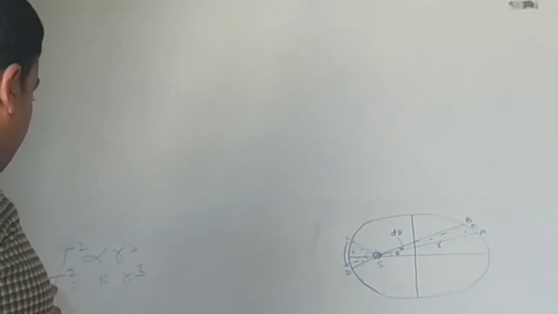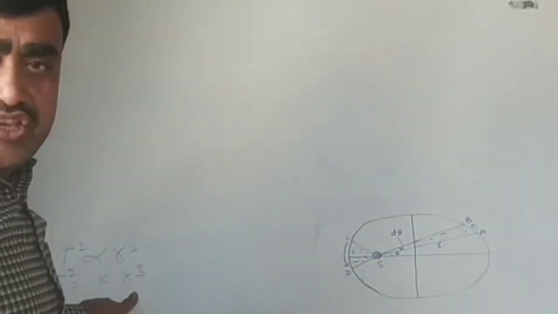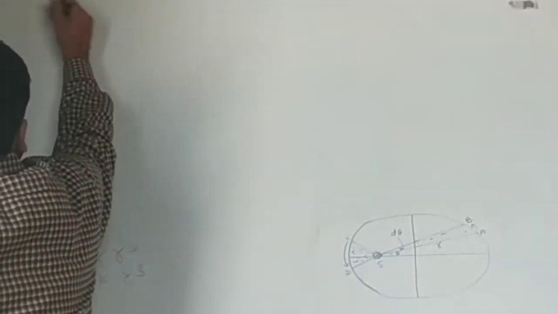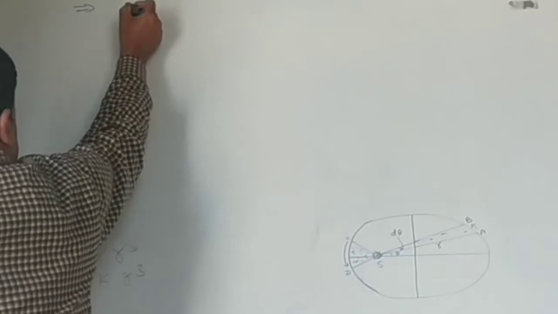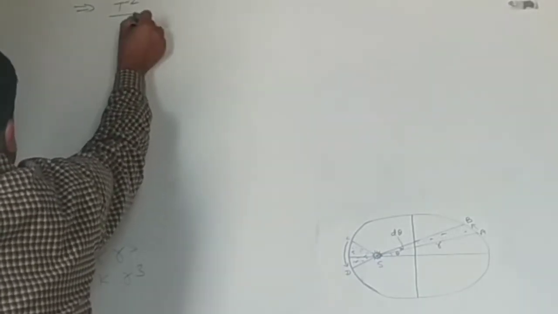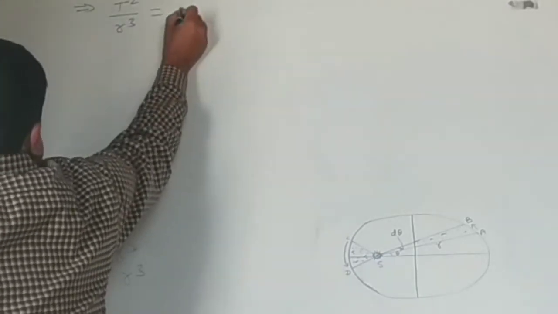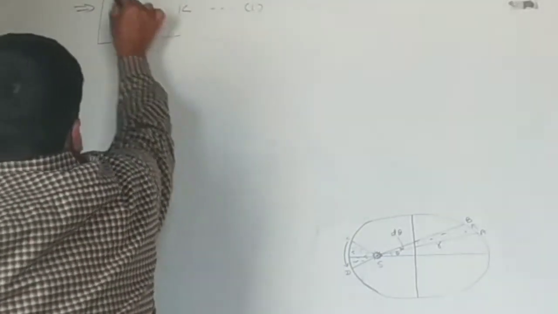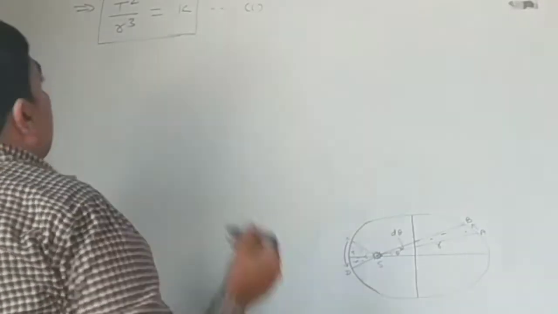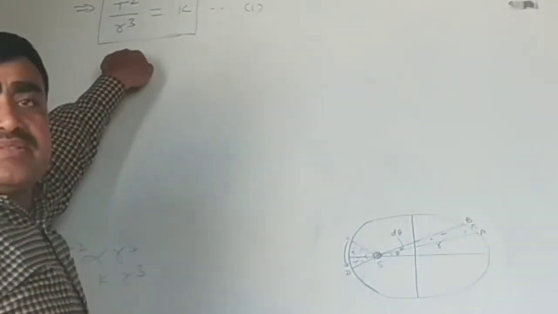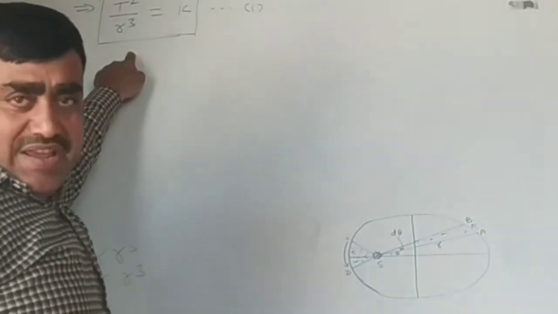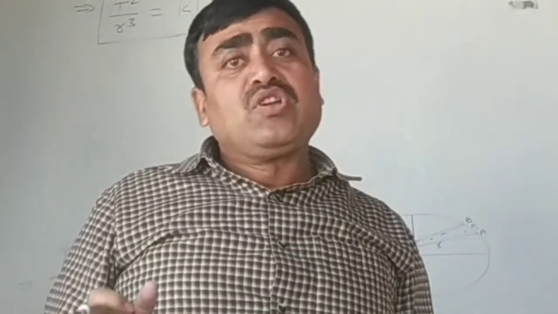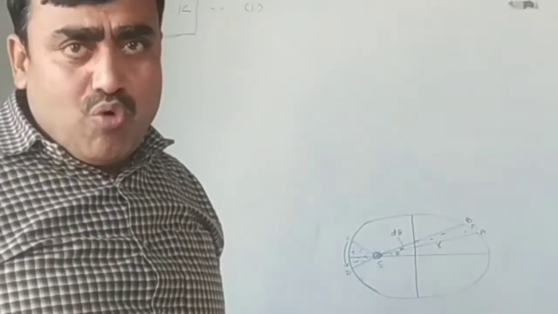Here T square is equal to K into R cube. That implies T square upon R cube is equal to K. This is equation 1, and it is known as law of period. That means Kepler's third law of planetary motion.